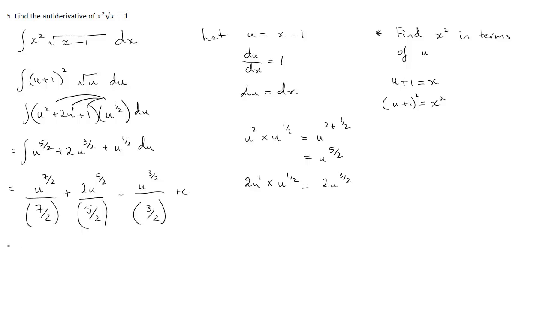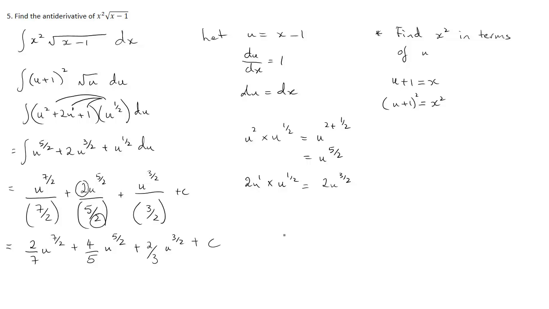When you get these kinds of fractions, you can just write the reciprocal of the fraction straight on the outside. So 2 over 7, u to the power of 7 over 2, plus that 2 down there and this 2 up here are going to multiply. So that's going to be 4 over 5, u to the power of 5 on 2, plus 2 over 3, u to the power of 3 on 2 plus c.